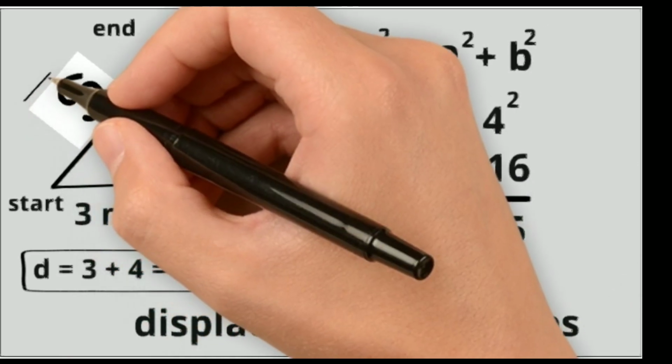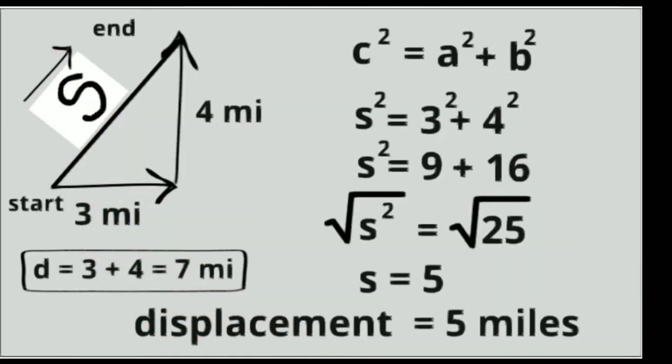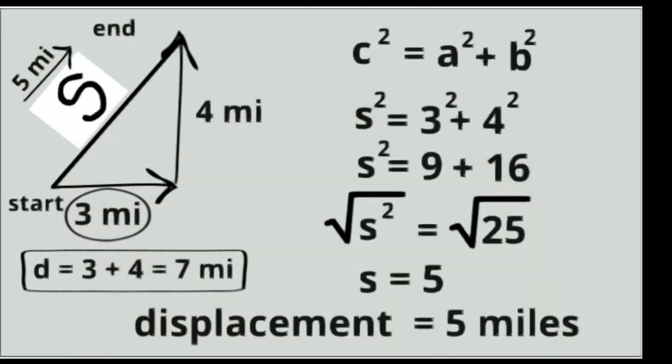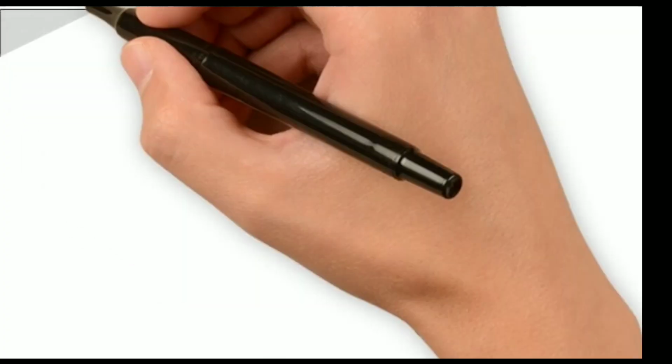So the net effect is that the person traveled 5 miles in that direction, even though he actually walked a distance of 7 miles. So keep in mind the displacement is the distance between your final position and the initial position.